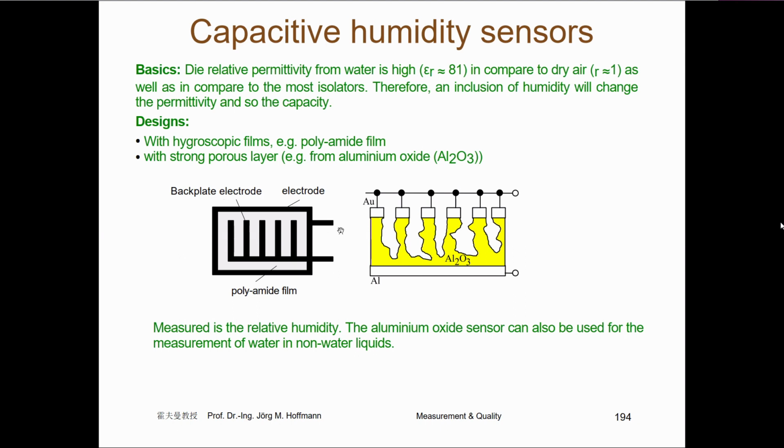When you measure the AC current over the capacitor, you can also measure the change of the capacitance, because the capacitive resistance is changing. But then you need an ADC, an analog digital converter, to get a digital value.